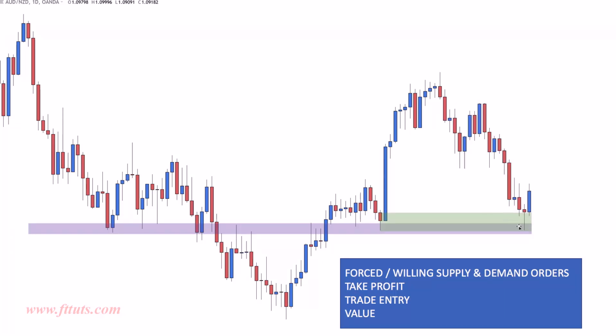And then what you're going to have, not only do you have forced buying, forced take profit, forced demand, forced orders going on, you're going to have willing demand as well from traders entering on support and resistance. Traders are going to be looking at this area to try to get short.